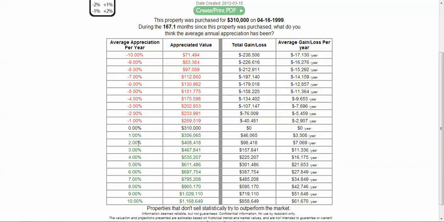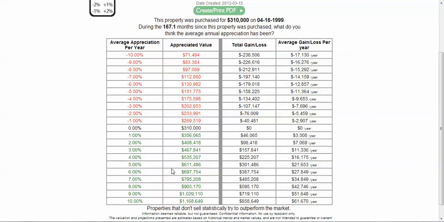It's especially useful in marketplaces where people bought in 2005, 6, 7, 8. Almost everybody who resold in 2012 and possibly 2013 is red. The majority of these properties are negative and lost money every single year. It's just hard for the seller to understand what's going to happen to them. These two rows over here just show the approximate gain or loss per year.